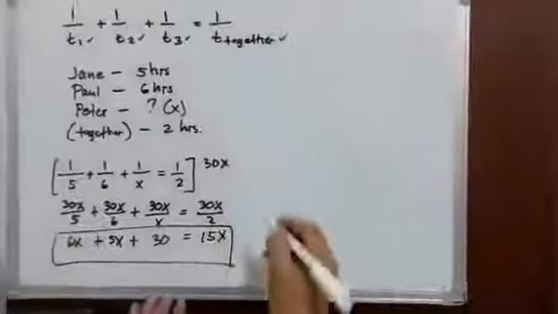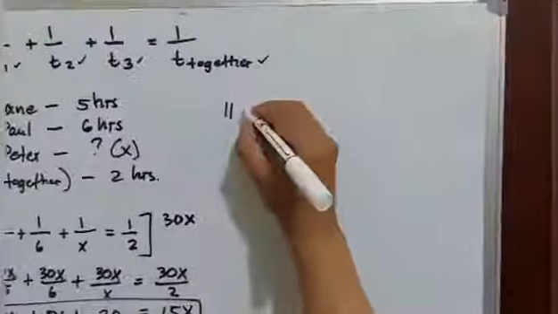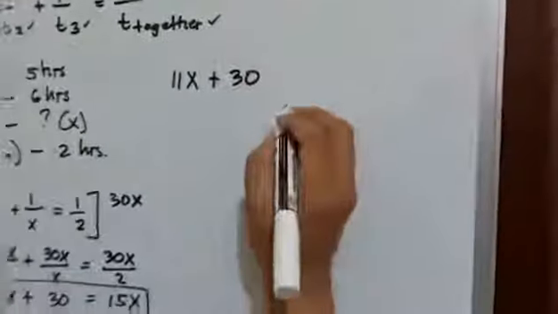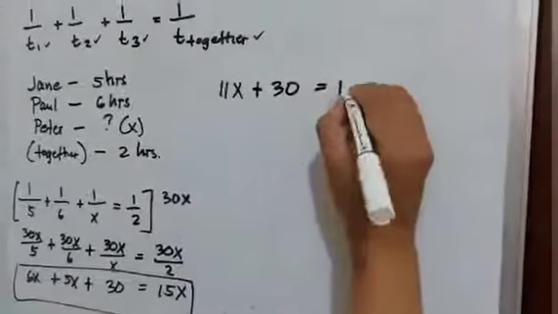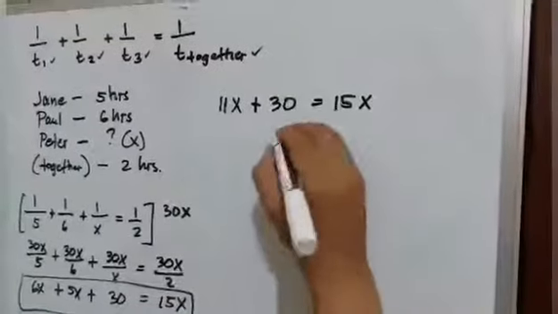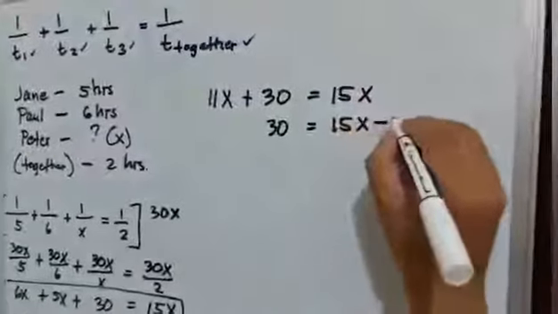So let's solve the value of x. 6x plus 5x is equal to 11x, plus 30 is equal to 15x. Okay, so let's solve the value of x. 30 is equal to 15x minus 11x.